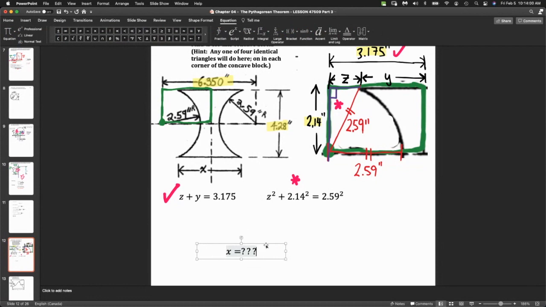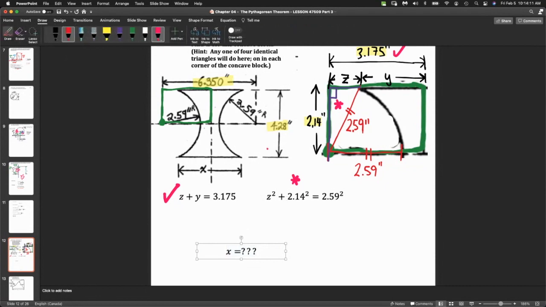I'd like a little formula that tells me how x connects to this diagram. I'll continue. I feel like there's a little bit of uncertainty here. Anyway, this is x. No problem. What's this? How much is that? It's y.